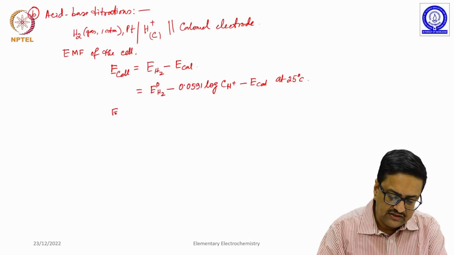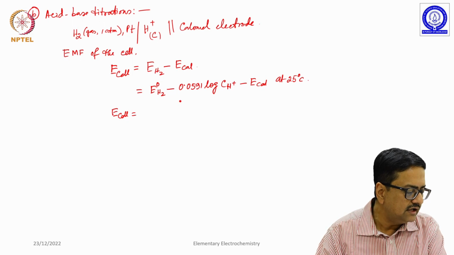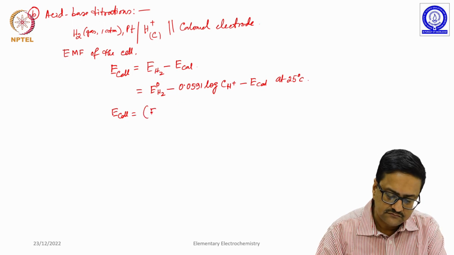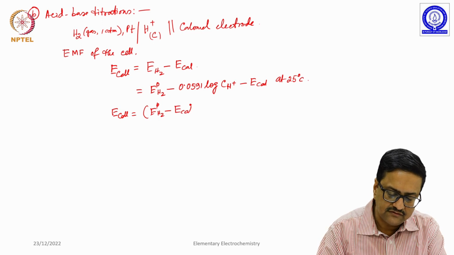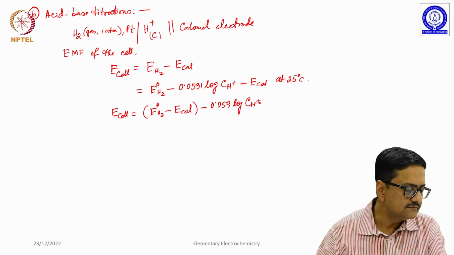So, E cell can then easily be written as E 0 H 2 minus E calomel minus 0.059 log of concentration of H plus.